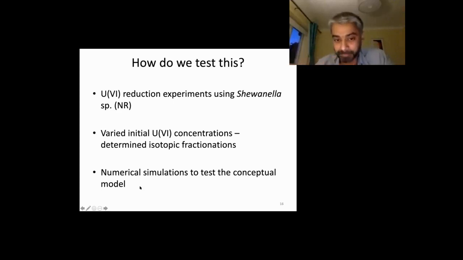And we used some reactive transport simulations to test our conceptual model, which assumed that separation between bulk solution where uranium is dissolved and where we are sampling from, and where the reduction reaction is happening.